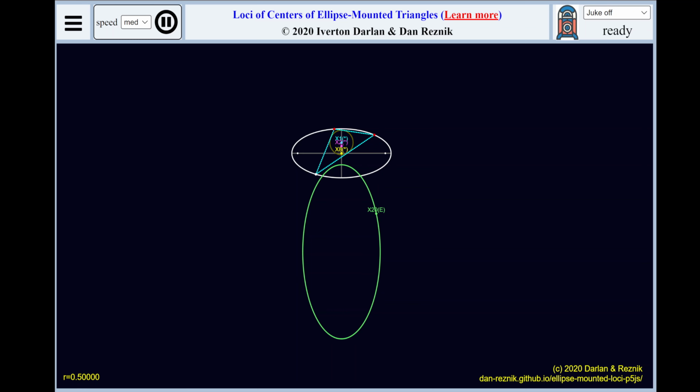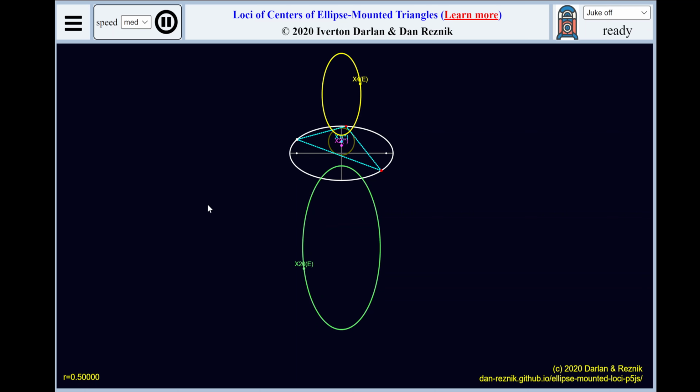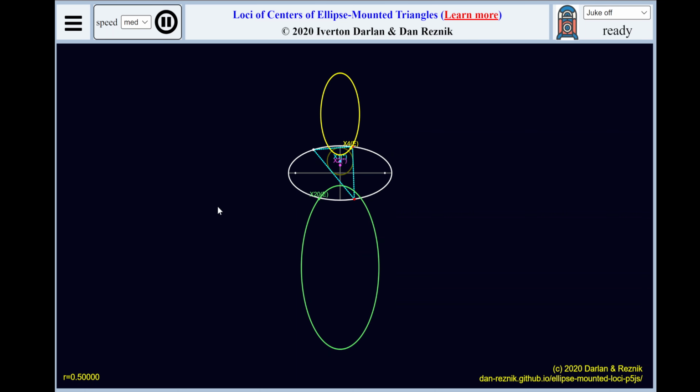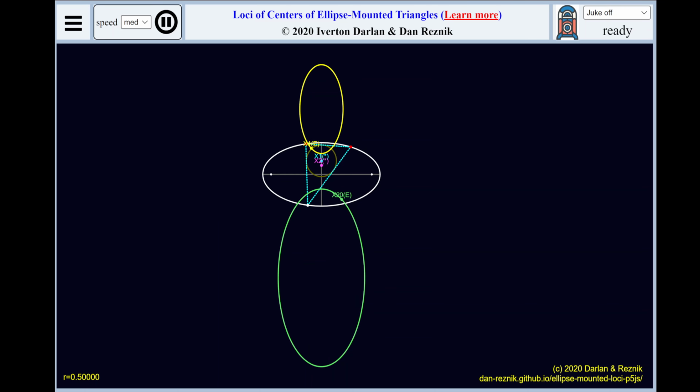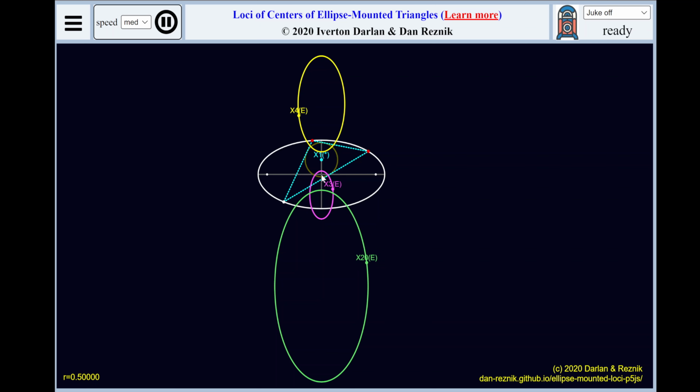Related to X4. If I simultaneously display X4 here, I believe the de Longchamps point is a reflection of X4 with respect to the circumcenter, right? So where is the circumcenter? If I show it here, the circumcenter is this moving point, an ellipse with one focus on the center of the system, or X8, and you can see here now the orthocenter and the de Longchamps point.